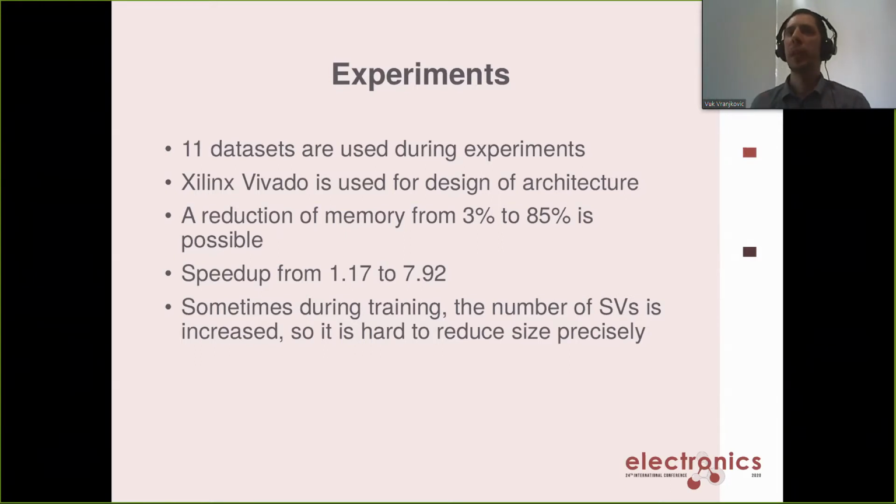For example, we tried to use the same architecture for convolutional neural networks, and we could not do it because the model size was too big. There are 100 million parameters in convolutional neural networks, and you cannot store all of them inside the FPGA. But for support vector machines, decision trees, multi-layer perceptrons, you can fit the whole model inside FPGAs, and that's not a problem.